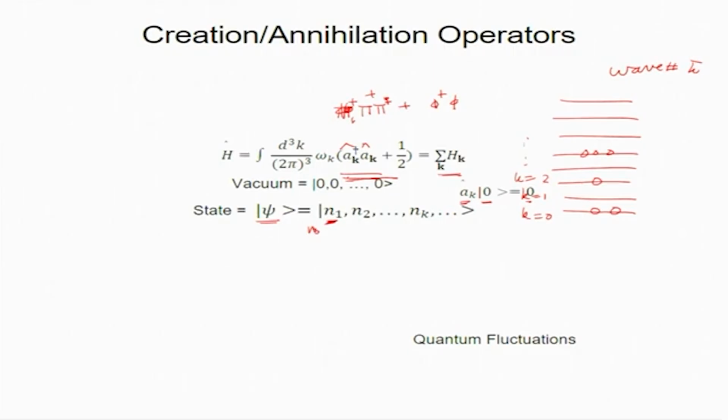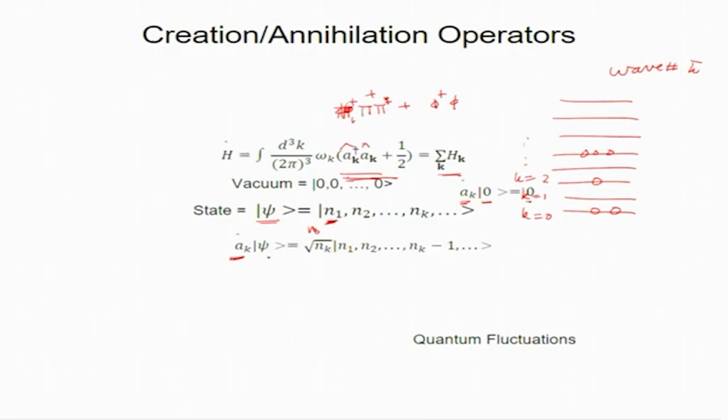These particle numbers can change in real life. So this is taken care of by this formalism. So we have state psi with a number of particles for every level or every wave number. Now, a k acting on psi, a k is a destruction operator. It is going to act on the kth wave number.